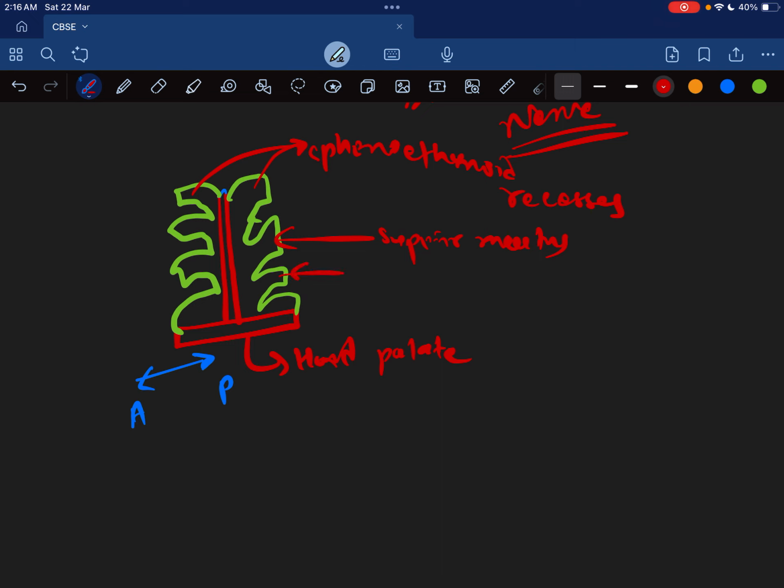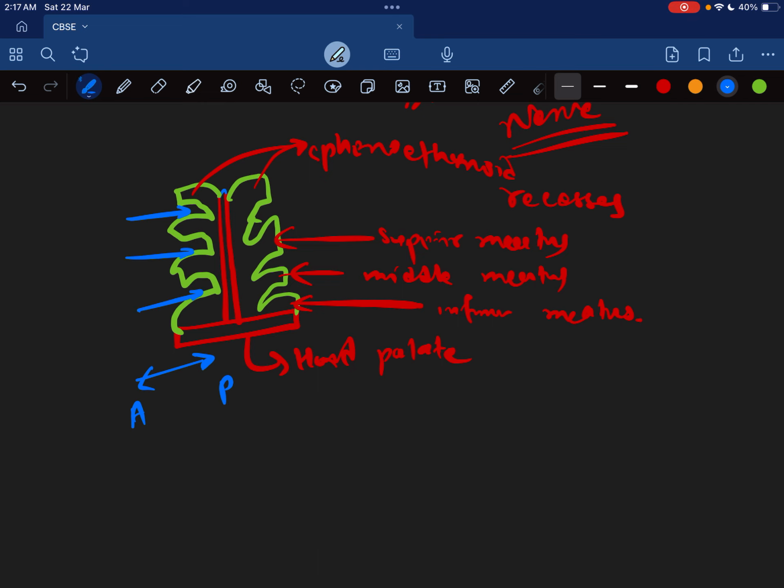This is called the middle meatus, and this is called the inferior meatus. In this region there are some openings like spaces.